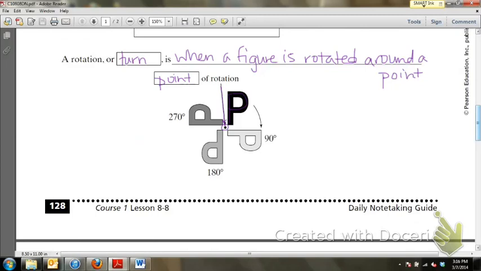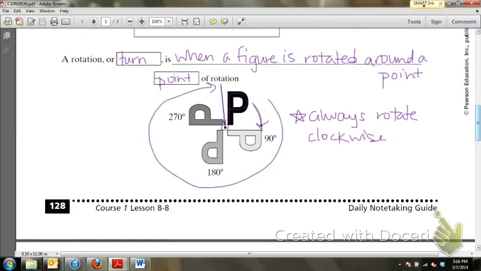Now, you always rotate what's called clockwise. Because it's the direction of a clock. So a clock, you know, the hands follow this way around, like 1, 2, 3, 4, 5, 6, 7, 8, 9, 10, 11, and 12. So we're always going to rotate clockwise.